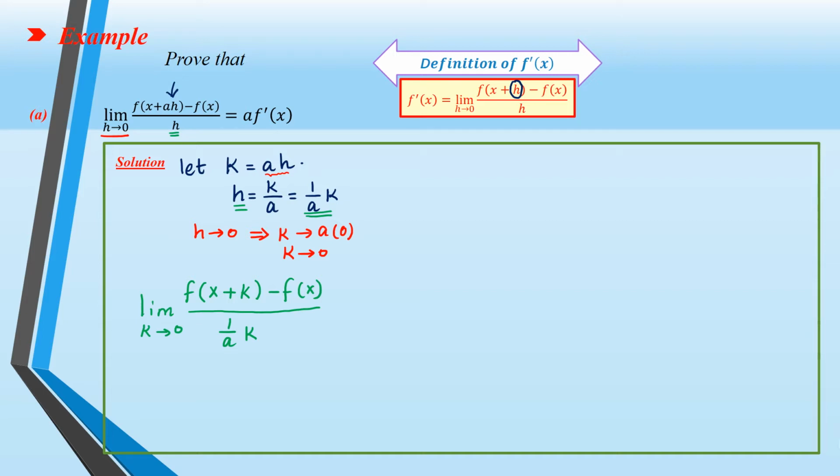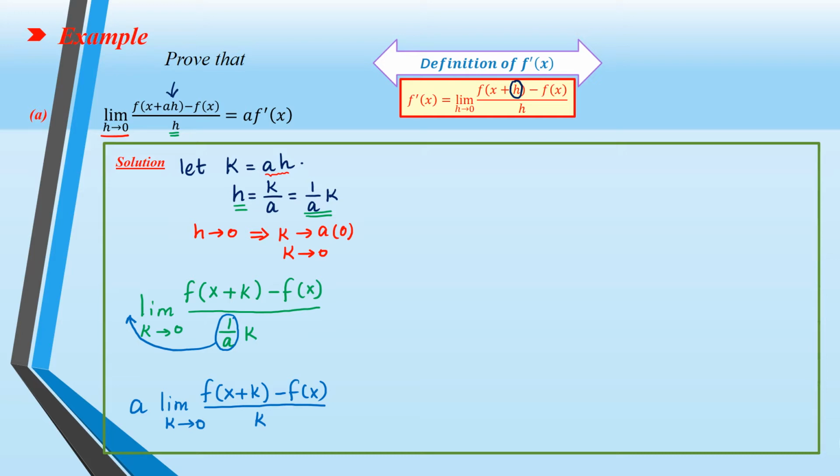Now since a is a constant in our example and we have 1 over a in the denominator, you can flip it and put a out of the limit, and you will get a times the limit of f of x plus k minus f of x divided by k when k goes to 0.